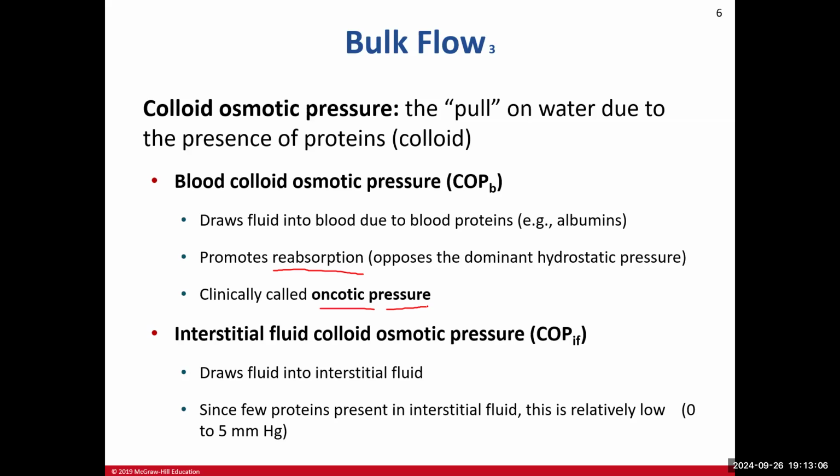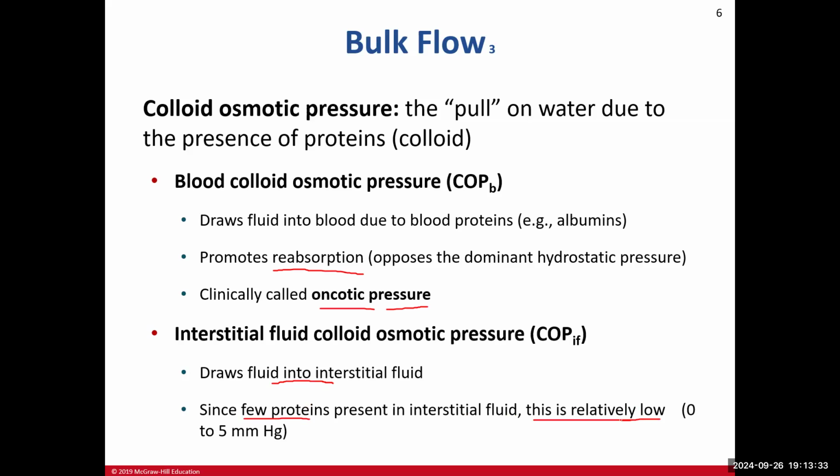So in the interstitial fluid colloid osmotic pressure, like I said, this pressure draws fluid into the interstitial fluid because it's got an attractive force. But since we have so few proteins in the interstitial fluid, it's going to be a relatively weak attractive force. So 0 to 5 millimeters of mercury of pressure being exerted there.